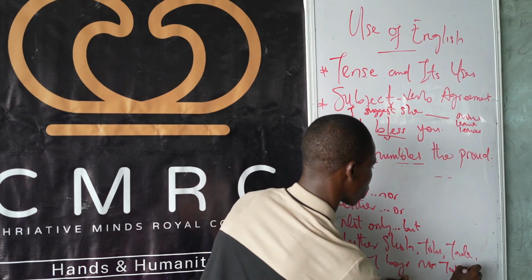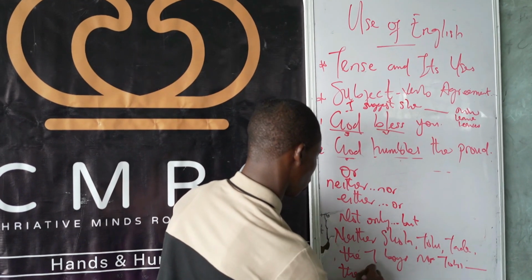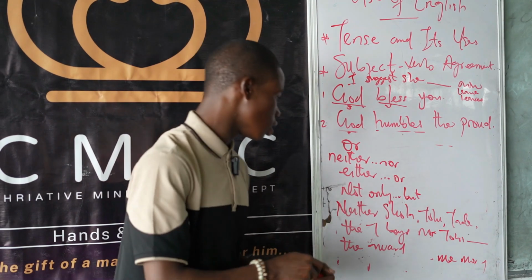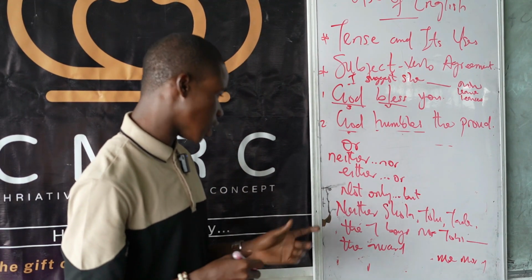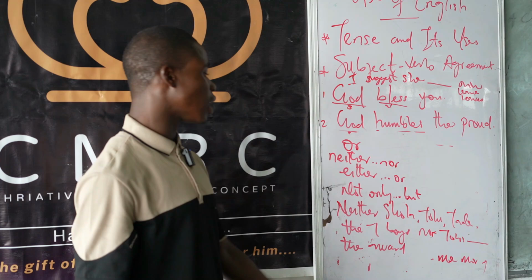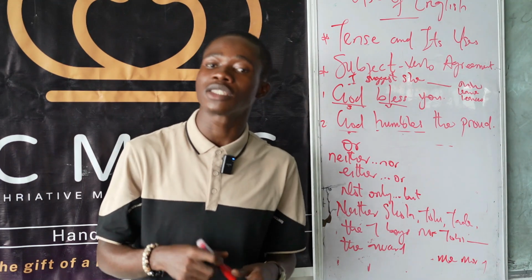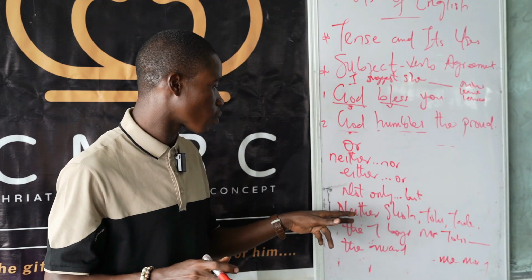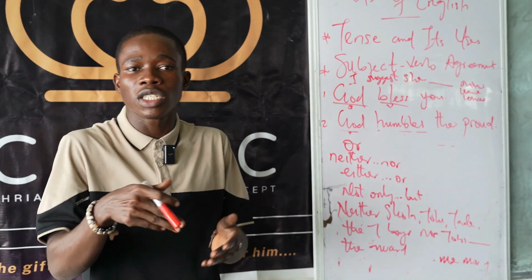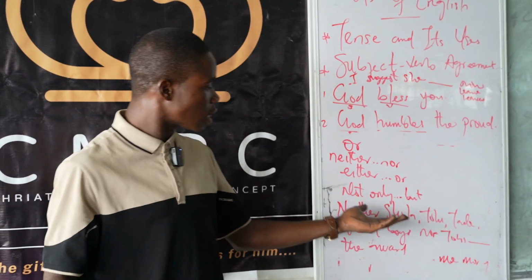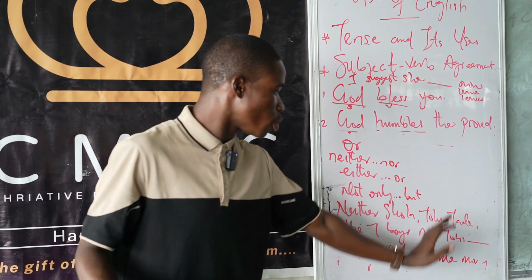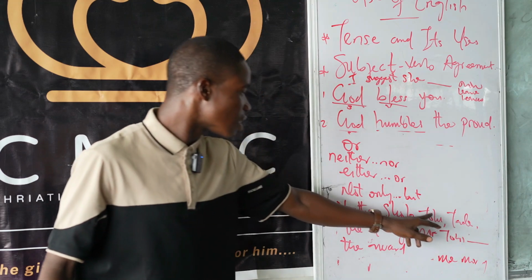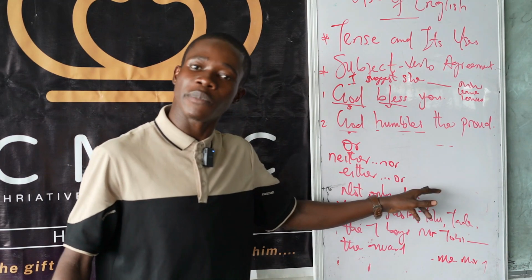Neither Shola, Tolu, Tade, the 7 boys, nor Toby, dash the award. The rule says you are going to consider only the noun closest to the verb to determine your verb. So what's the noun closest to the verb here? Toby. So Toby determines our verb, not the ones mentioned before.